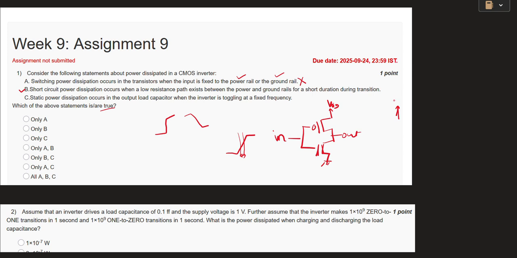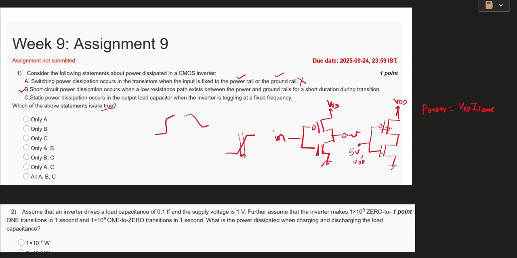Static power dissipation, I will tell you: if my input is static, like this is my CMOS inverter, suppose my input is given 5 volt, like VDD, then there will be some static leakage current that will flow, and the power dissipation due to this will be VDD times I leak, the leakage current which can happen between the drain junction and the gate terminal of these MOSFETs.